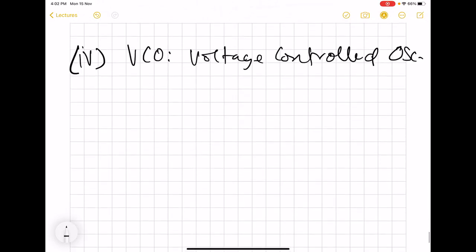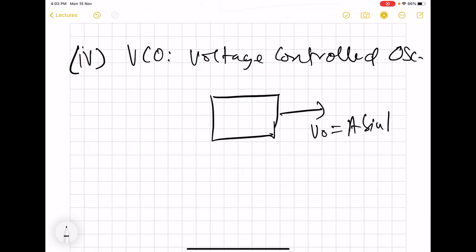As the name suggests, the output of the voltage controlled oscillator is going to be a periodic signal. And here we are more interested in frequency rather than the amplitude, because this circuit, PLL or frequency synthesizer, is a circuit aimed at producing various output frequencies. So although the output is voltage, we are interested in frequency.